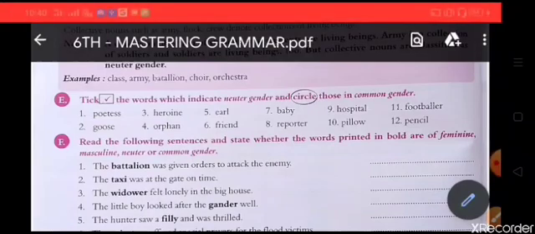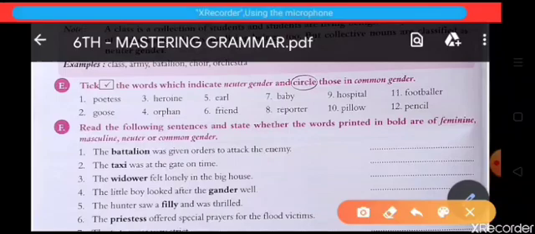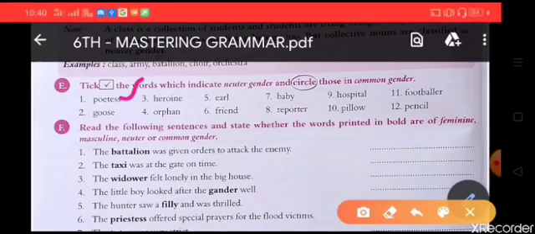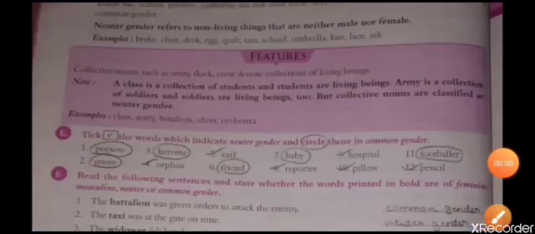Now here we can see poetess. Take the words which indicate neuter gender and circle those in common gender.